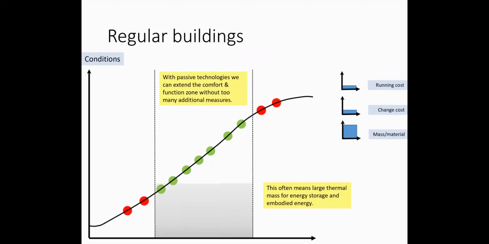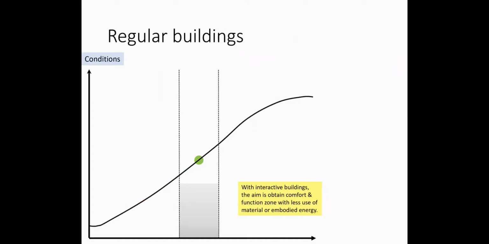If we use passive technologies, then we try to extend this comfort and function zone without adding these additional measures. But very often that means that we have to invest a large thermal mass for energy storage, and we need a lot of embodied energy. With interactive buildings, we try to do the same, but with, you could say, a reduced amount of material or embodied energy.